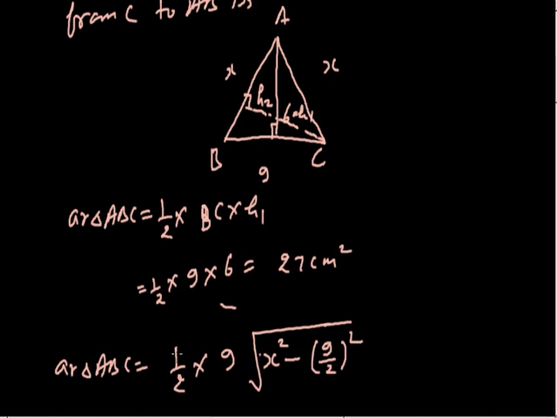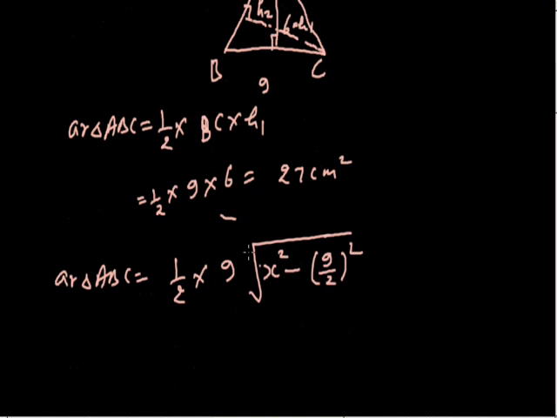So this is the formula of an isosceles triangle: half into base, that is 9, and under root of x square minus the square of half the unequal side, that is 9 by 2. Now as these two represent the area of the triangle, we can equate these two equations, equation number 1 and equation number 2, as both represent the area of a triangle.